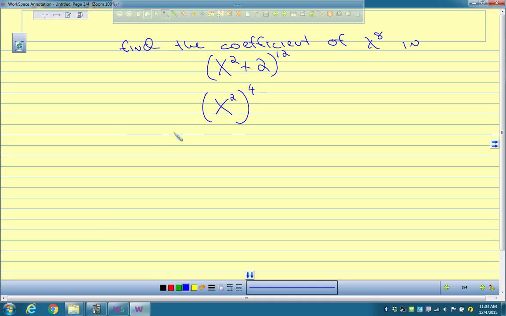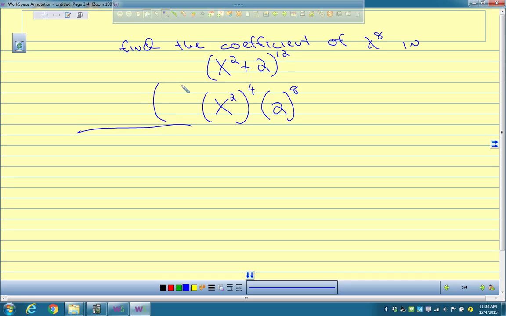X squared to what power is x to the 8th? 4th power. So what I'm trying to find is what goes in front of here. That's the coefficient. So if x squared is raised to the 4th, what would my 2 have been raised to if the n is 8? 2 would have had to be raised to the 8th. Yes? Because these two numbers always need to add to this. Okay?